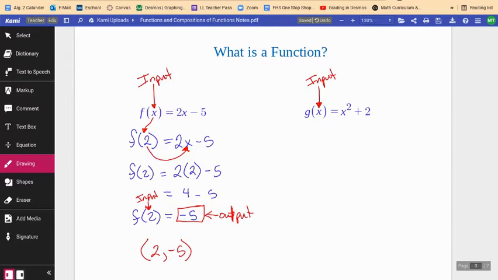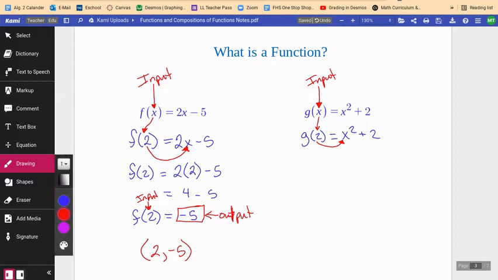That's all we're doing. And so if I did the same thing for g, if I wanted to find the output for g of 2, then again, 2 is my input. So that means that I am going to take this 2 and put it in for that x.